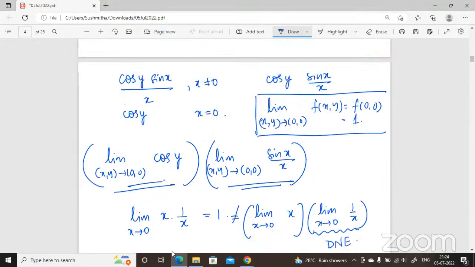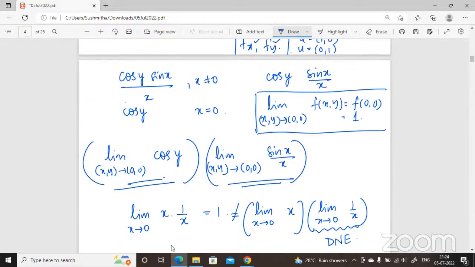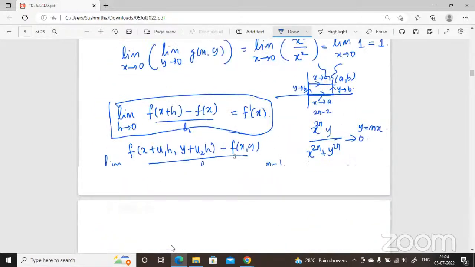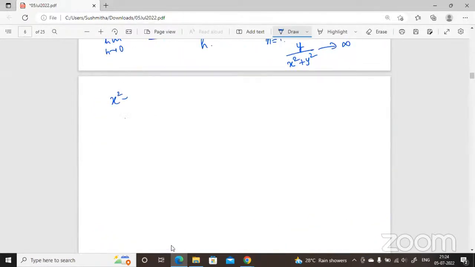If I have a polynomial, like x squared into e power minus 1 by x, can I multiply it out as x squared and e power minus 1 by x, and make two terms out of the limit as x goes to 0?